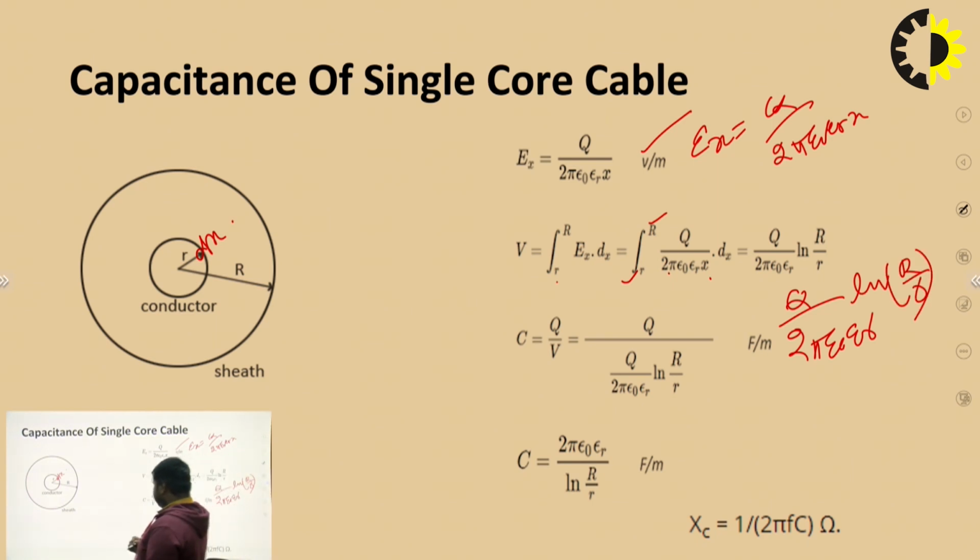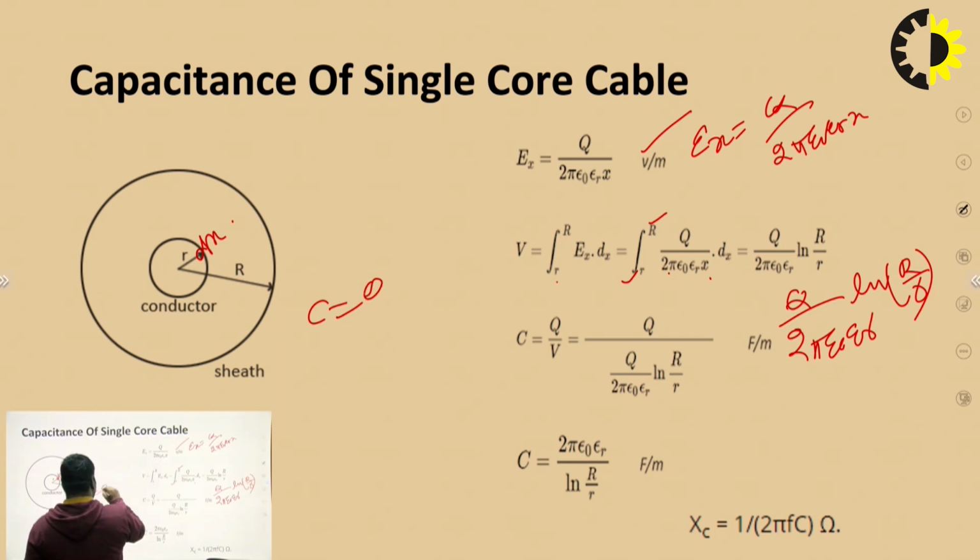And what is C? C equal to Q by V, charge by voltage. So C equal to Q by V equal to Q divided by Q upon 2 pi epsilon naught epsilon r into ln R by r.